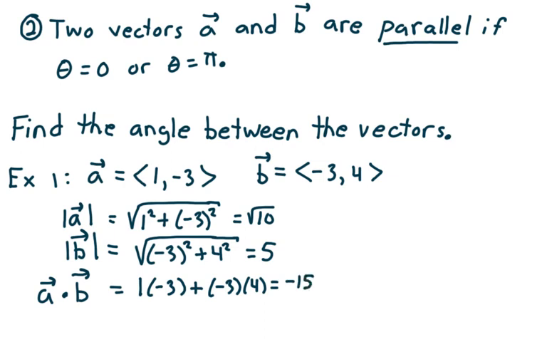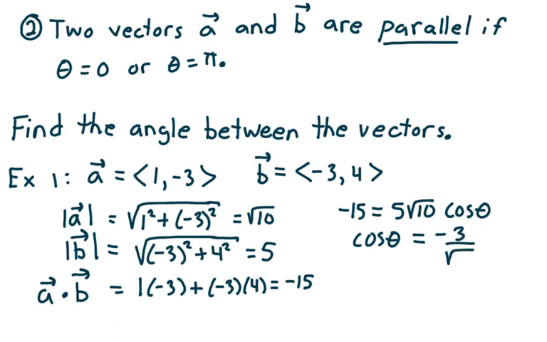Now, negative 15 is equal to 5 times the square root of 10, so the magnitude of A times the magnitude of B, doesn't matter the order, times cosine of the angle between the vectors. So cosine of theta, if I divide both sides by 5 square root of 10, I get negative 3 over the square root of 10.